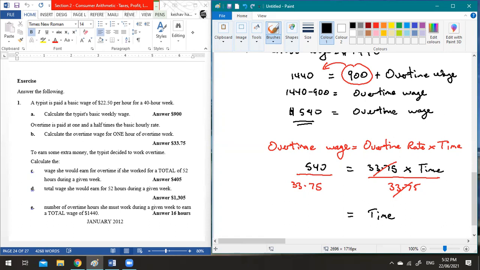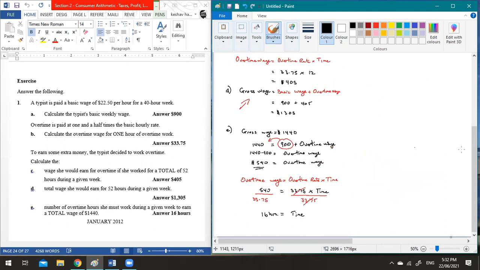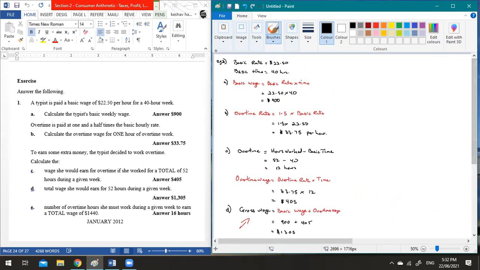So 540 divided by $33.75, 16 hours. So she would have had to work 16 hours overtime in order to make this amount extra. So let me put it all in one nice screen for you all.